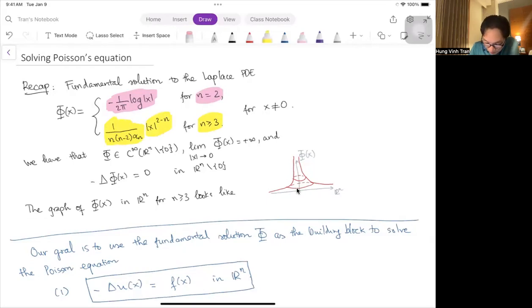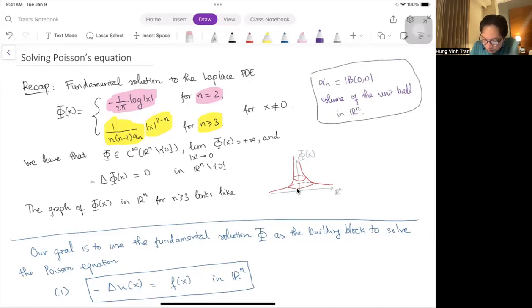Here, let me recall that alpha n is nothing but the volume of the unit ball in Rn. We will discuss a bit more on this matter soon.